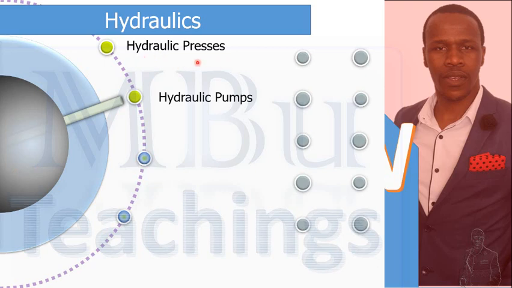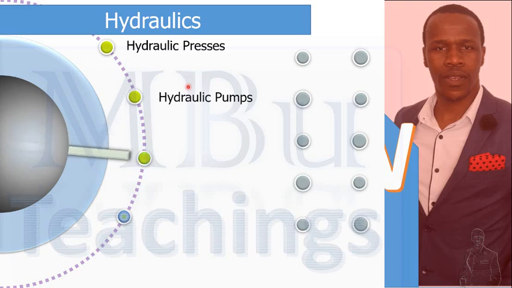That means we'll have a plunger and a ram. The plunger is small, the ram is big, so we'll focus around those two pistons. So everything we'll talk about will involve two forces or two loads. One will be on the plunger, one will be on the ram.